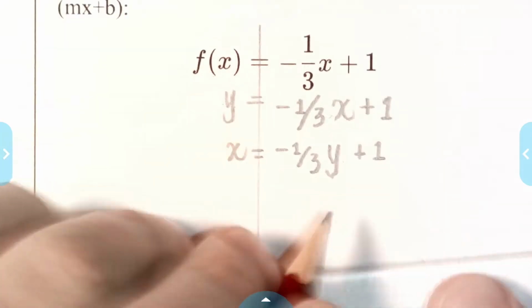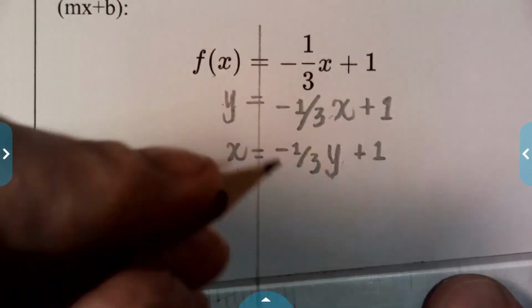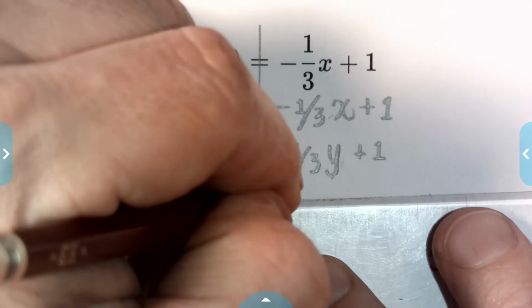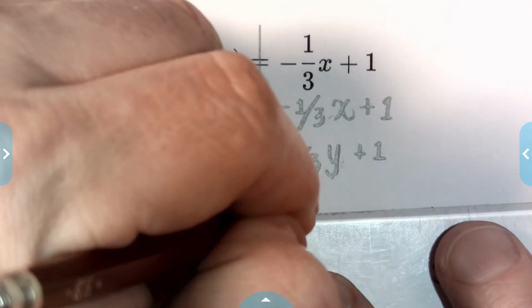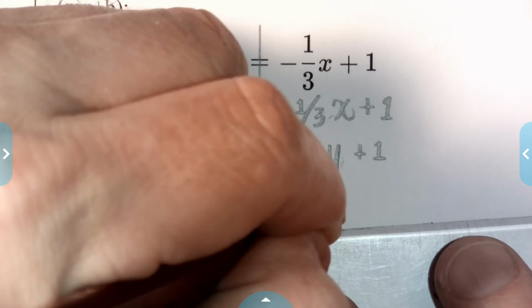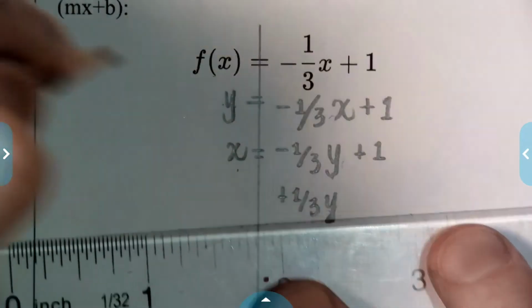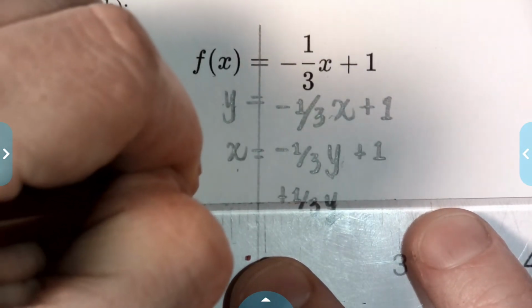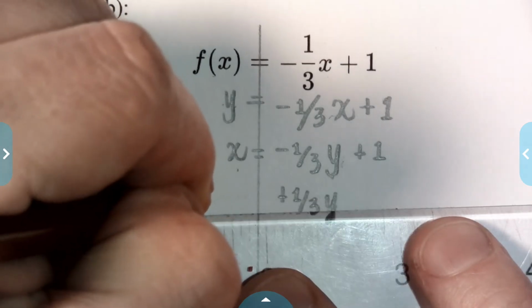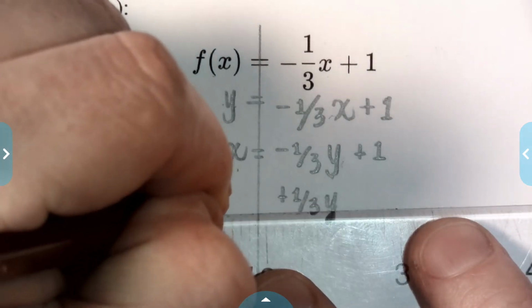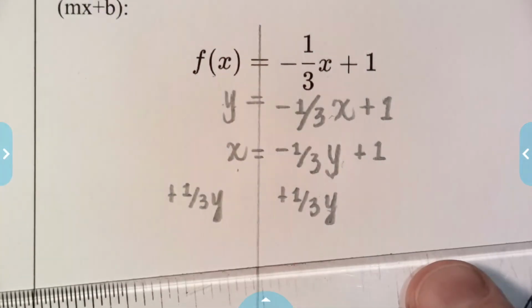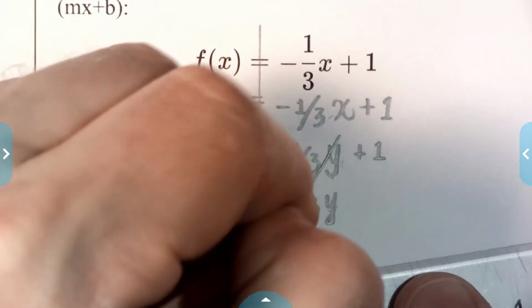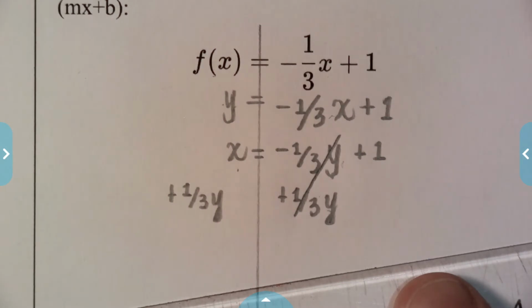Okay, and now I want to get this y over on the left side, so I'm going to add 1/3 y to both sides. And here I'm back to using that diagonal there, trying to save a little space. We'll add 1/3 y to both sides. And I will cancel out on the right because you have negative and plus, okay?